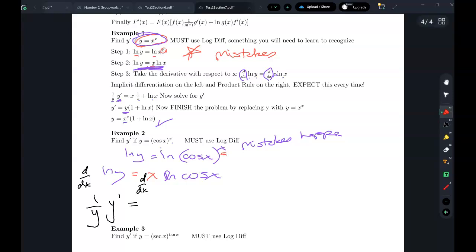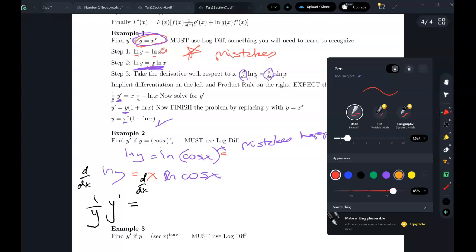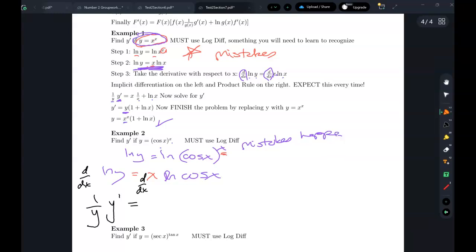Every time you take the derivative on this side, there's product rule. So you have first times derivative of second: 1 over stuff times the derivative of stuff, plus ln of cosine times the derivative of x, which is just 1.